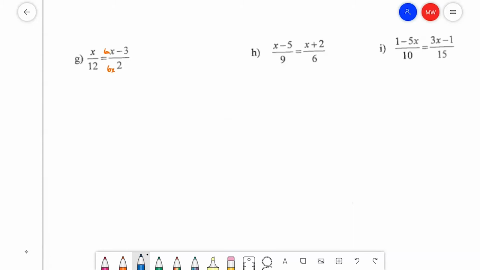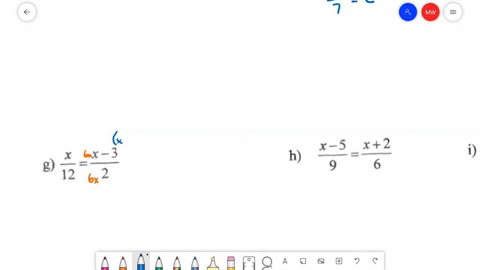I don't normally bother writing that in. What we normally do is we just say, we're going to make them twelfths. And you put a little times 12 up here. So we're timesing by 12. Sorry, my stylus went flat. Now, what that means is if we were to really write this out again, we've got x and 6 outside of x minus 3.